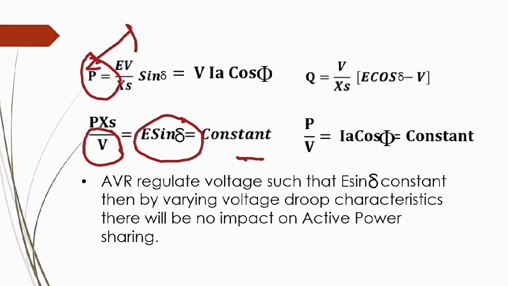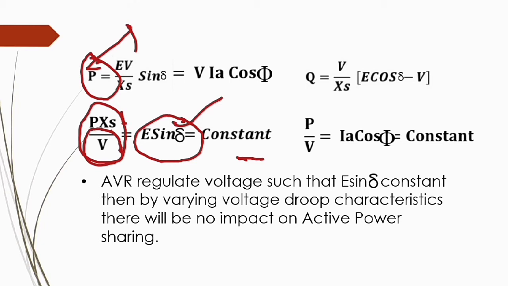By using the AVR, the automatic voltage regulator, we can say E sin del should be constant. If we keep E sin del constant by varying the excitation, then active power will be constant and the terminal voltage will also be constant.